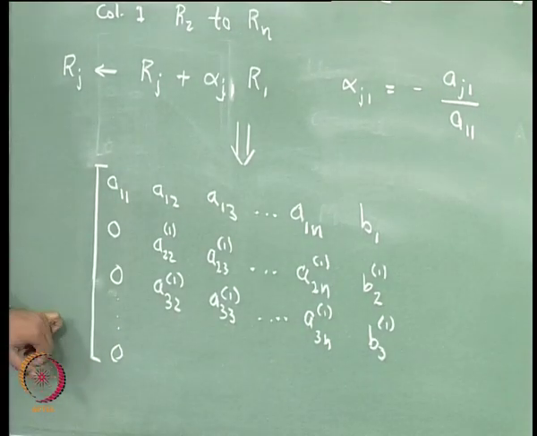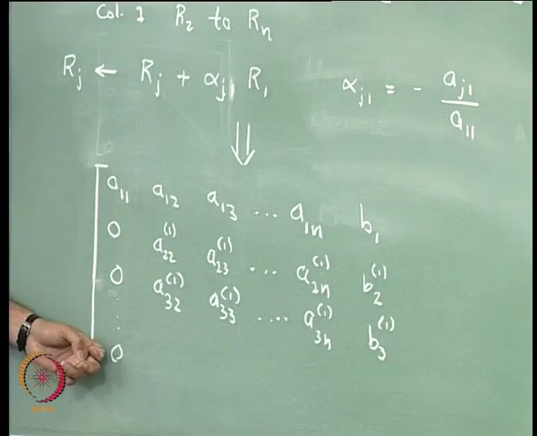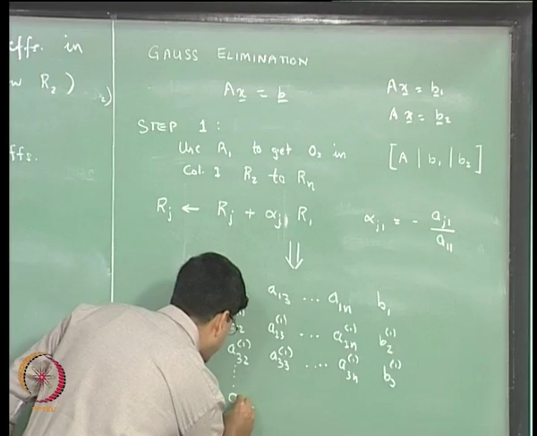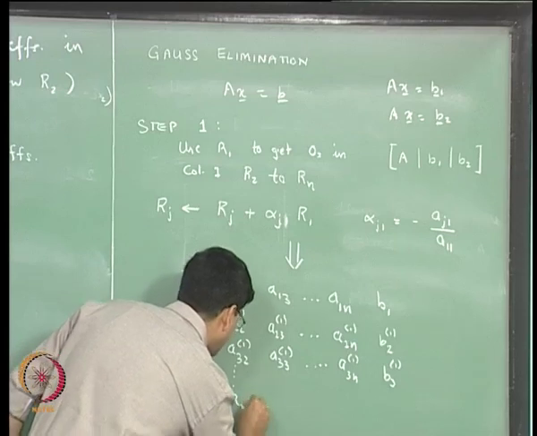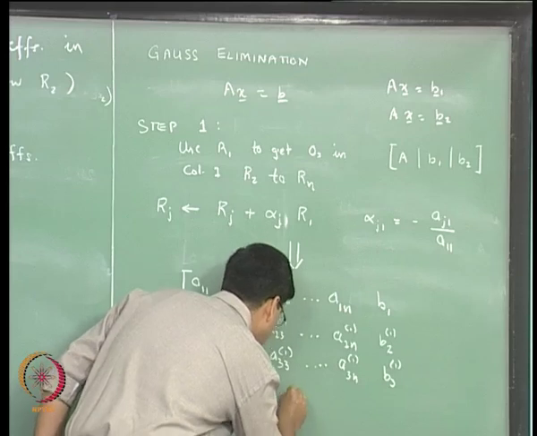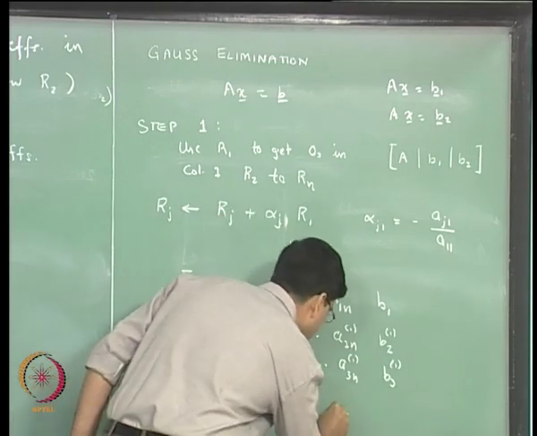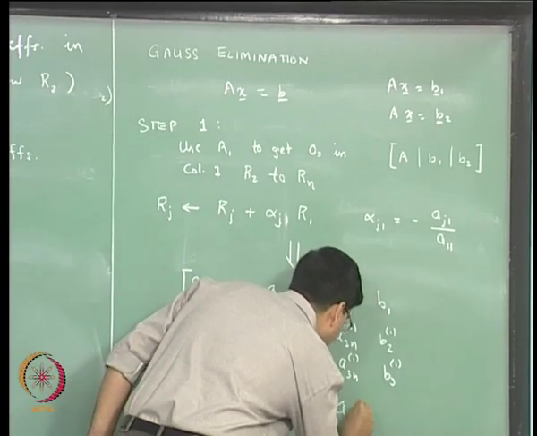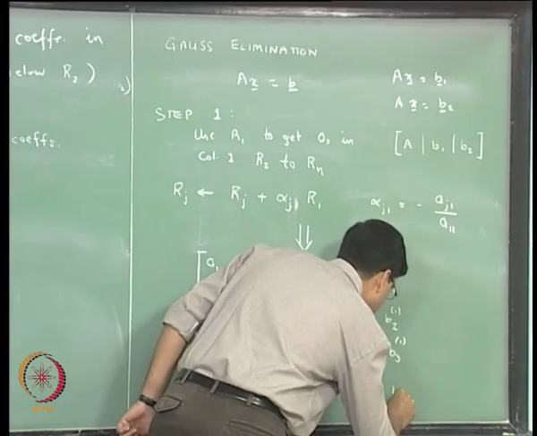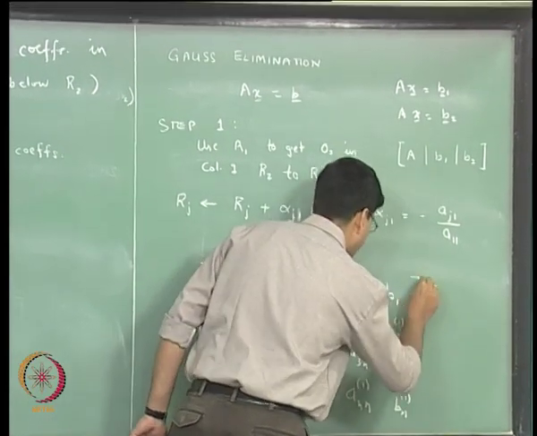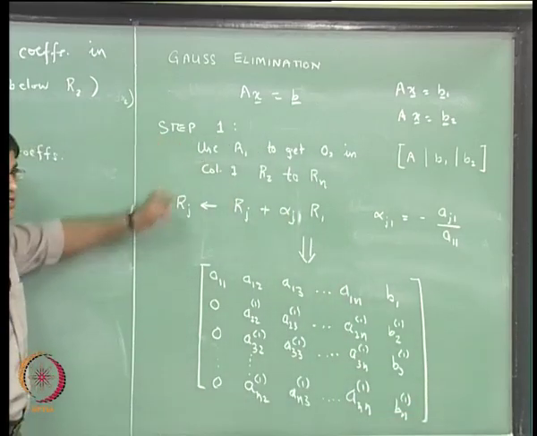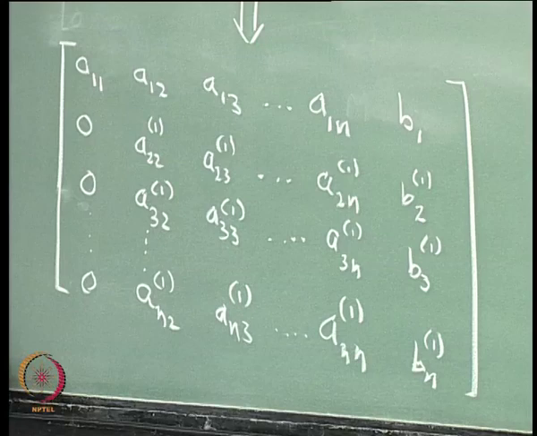Again in the nth row we are going to get 0 over here, okay, and over here we will get an2 after the first operation, an3 after the first operation and so on up to ann after the first operation, followed by bn after the first operation. Okay. So this is going to be step 1 of the Gauss elimination.